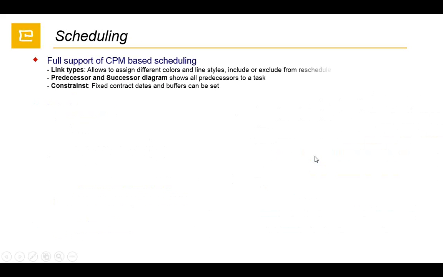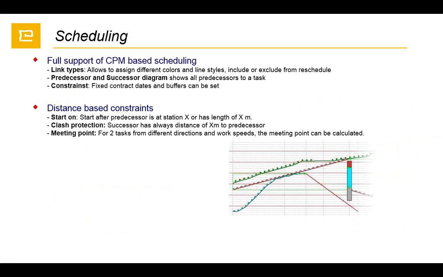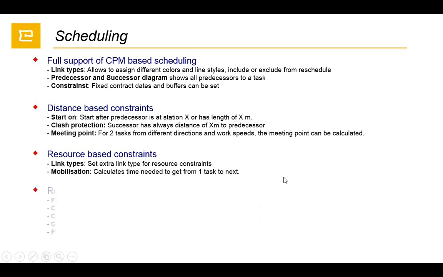It has all linking types, so you can use full CPM methods, with predecessor and successor diagrams and constraints. In addition, we have distance-based constraints, so it always keeps the logic between the two teams based on distance.